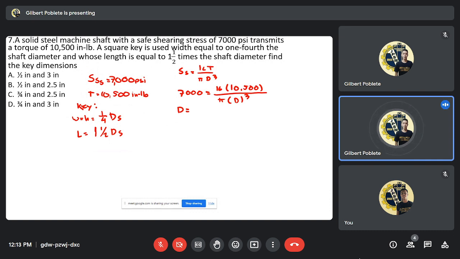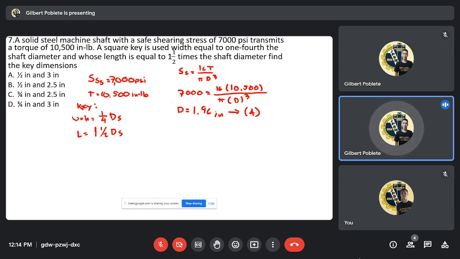So, solve natin sa calculator. Meron tayong diameter ng 1.96 inch. I-store nyo siya guys sa letter A.